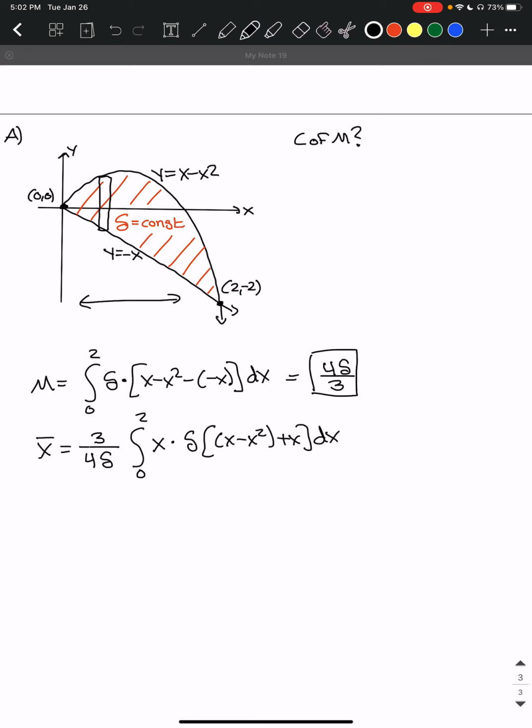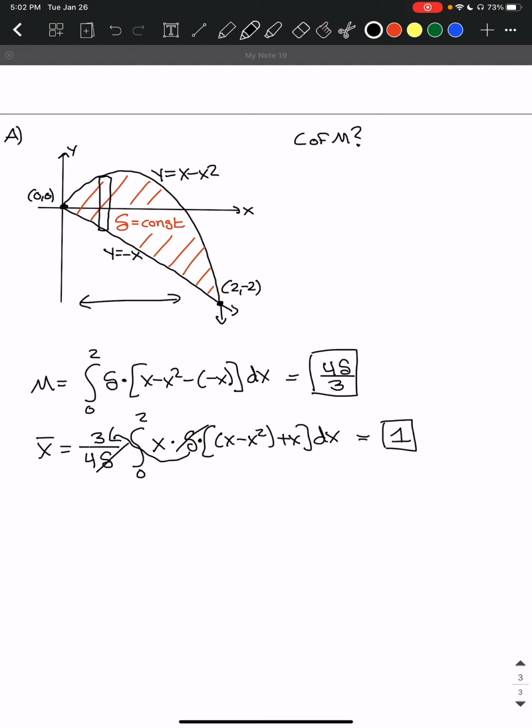But the important thing here is that delta itself is constant, right? So I can move it outside of the integral, and then when I move it outside of the integral, they cancel out. So that's why it can be any number. As soon as it's a function of x, you have to be more careful. But if it's just a number, it cancels out. It doesn't matter.